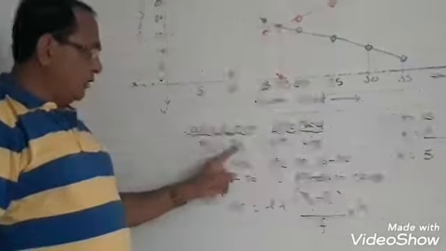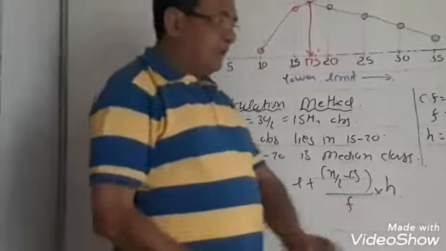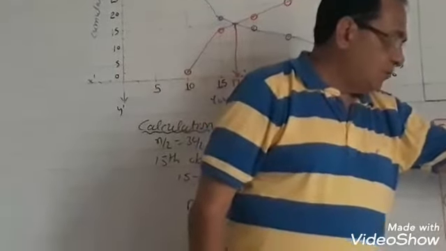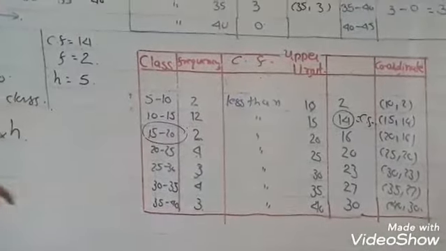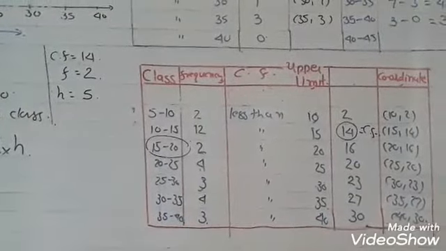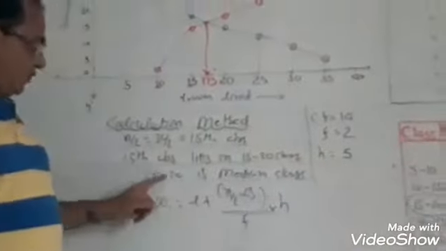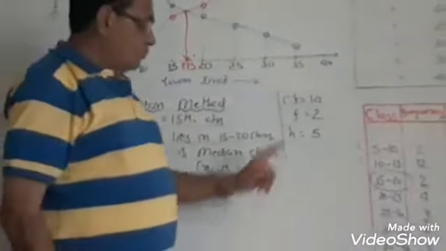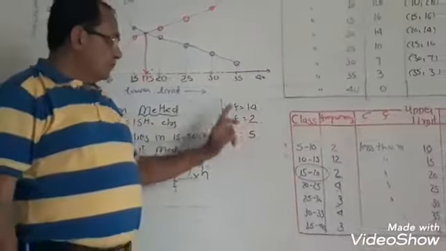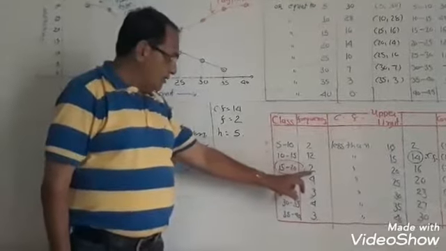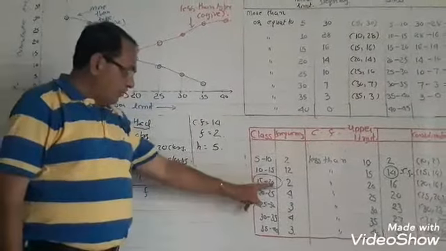Now n by 2, 30 by 2, is 15. Where do the 15 observations lie? Up to 16 here. So the 15th observation lies in the 15-20 class. So 15-20 is the median class. CF, the cumulative frequency of the preceding class, is 14. Frequency of the median class is 2. For this we have to find the normal frequency. h is 20 minus 15.